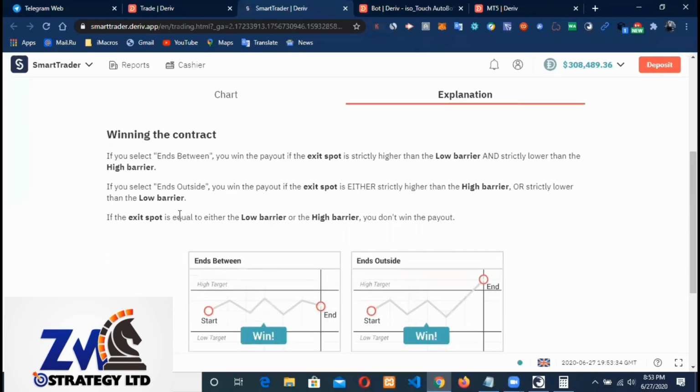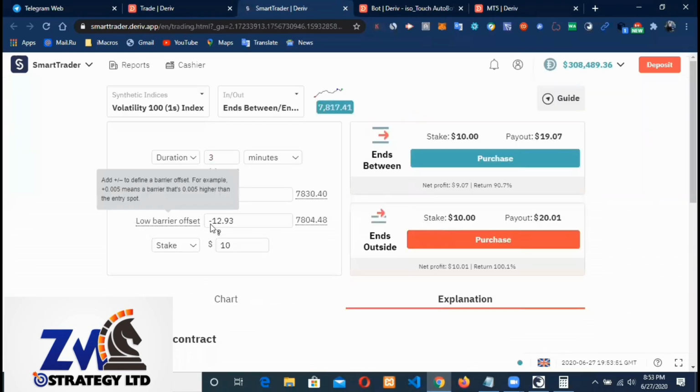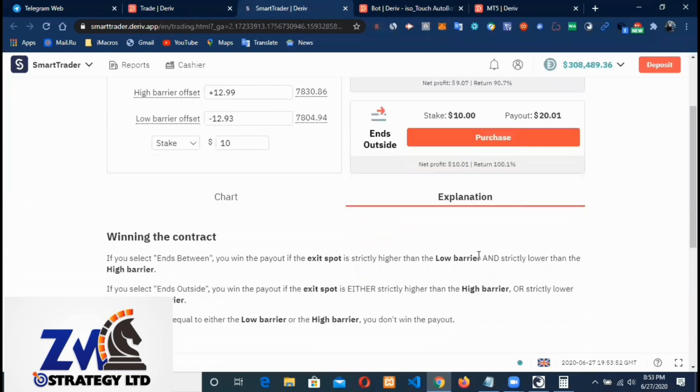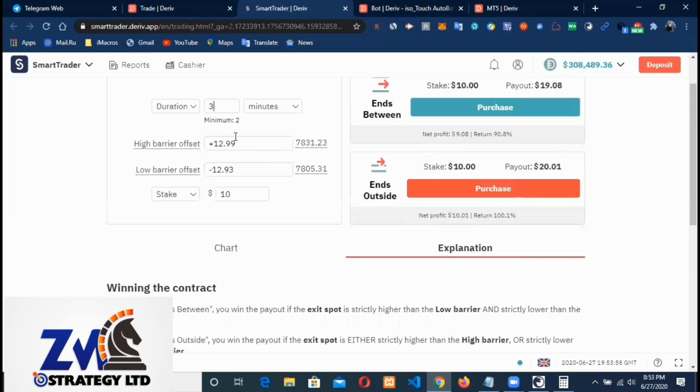Now here we can see everything is explained: if we select in between, you win the payout if the exit spot is strictly higher than the lower barrier, and also strictly lower than the high barrier. That is, the exit spot must be in between these two barriers, the higher barrier and also the lower barrier.